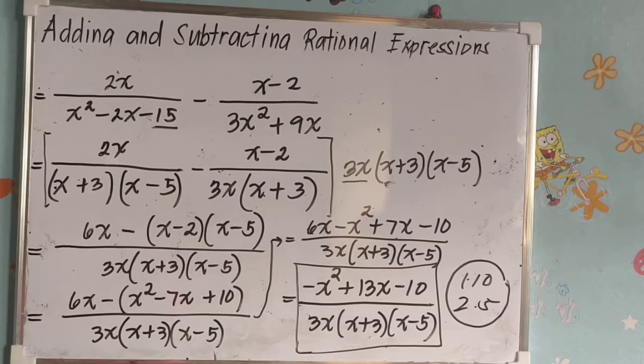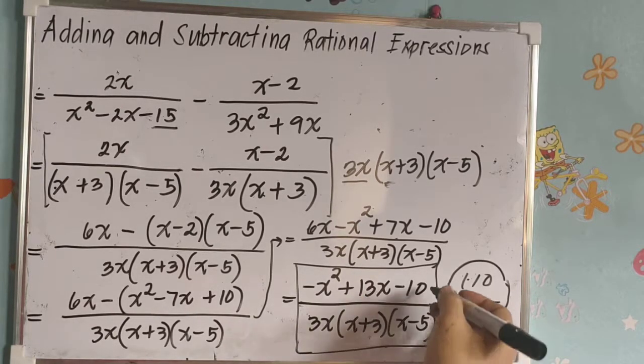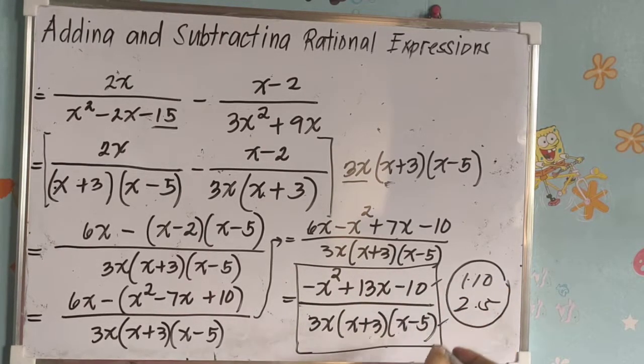But you have to take note that every time you arrive at your final answer, make sure that there is no common factor between your numerator and denominator, so that we can make sure that it is already in its lowest terms or simplified form.